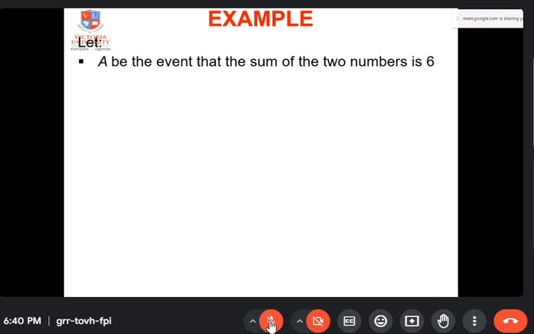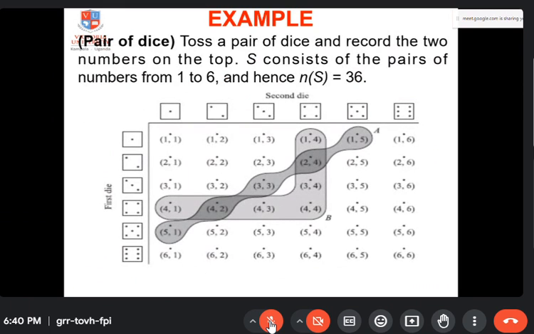So when we look at this diagram here, I think you can see set A. I don't know if you can identify it on the diagram. A 1-5, a 2-4, a 3-3, a 4-2, a 5-1.